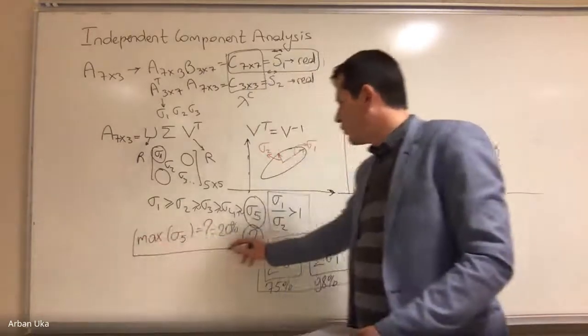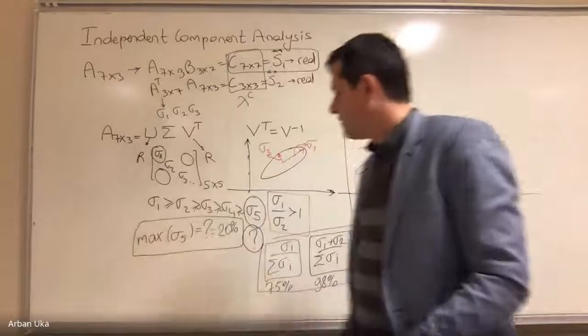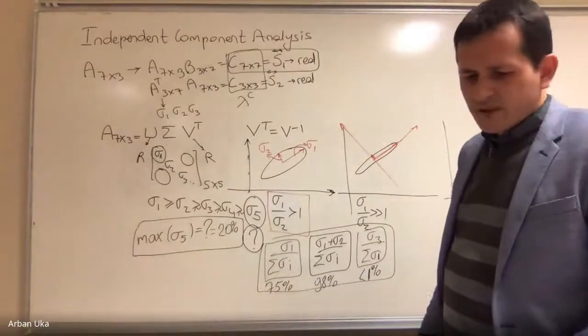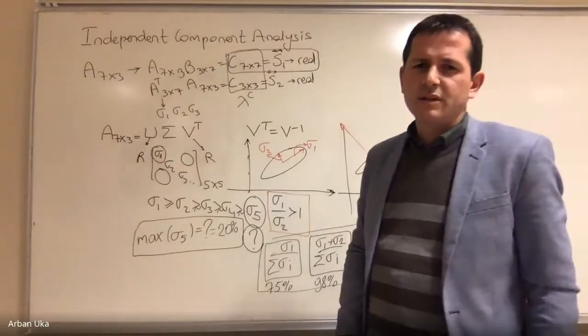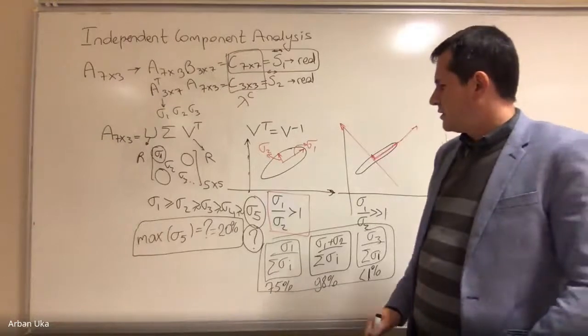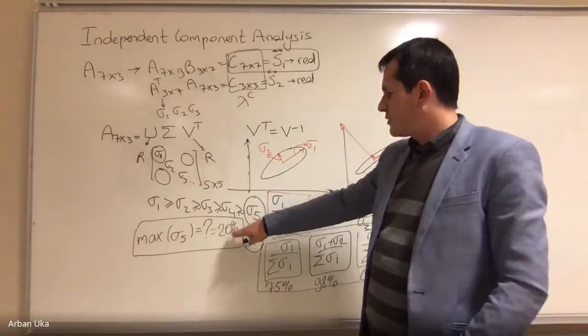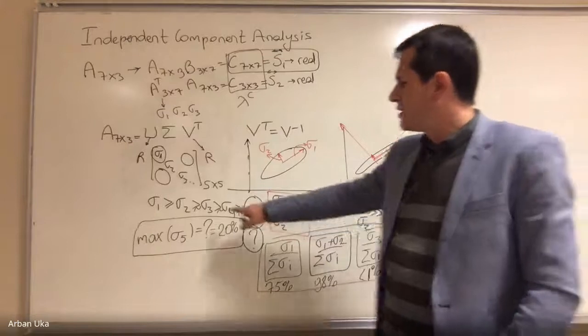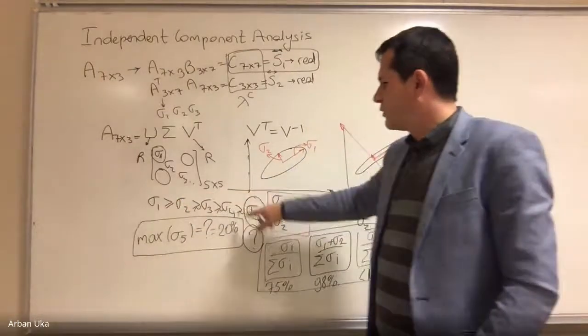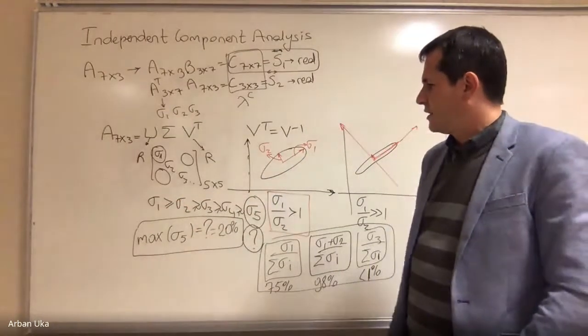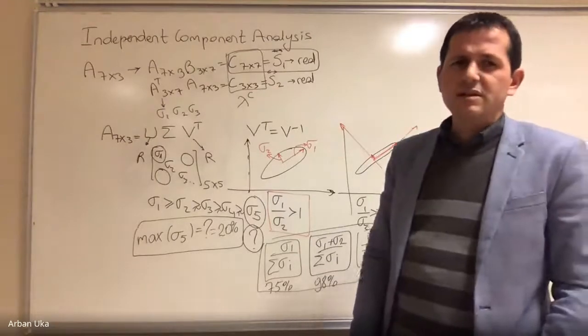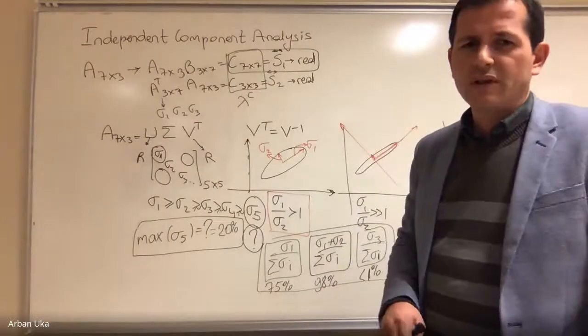So the maximum weight that can be allocated to sigma 5 is expected to be around 20%, okay? Because it cannot pass 20%, because the best thing that can happen is that they will all be equal to each other, but that's a very small possibility, unless the number of points converges to infinity. Only then can you get it.